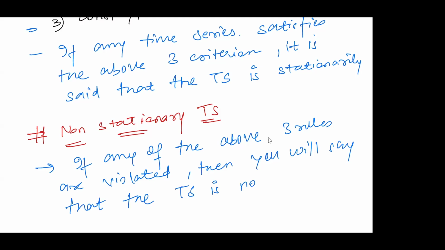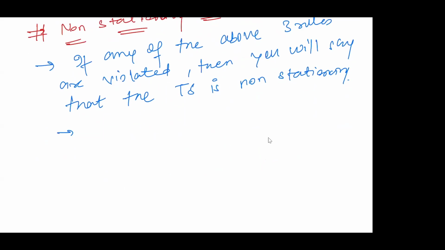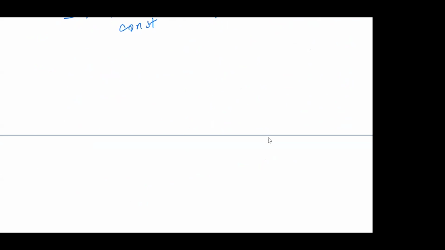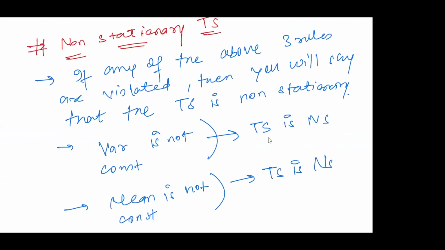Which means if, let's say, the variance is not constant, then in this case the time series is non-stationary. Or let's say the mean is not constant, and the rest two are constant. Mean is not constant, then you'll say the time series is non-stationary. So I hope this is clear.